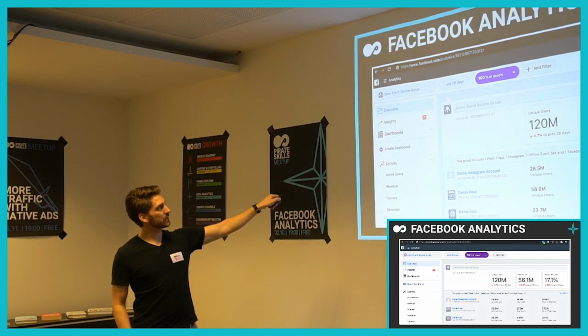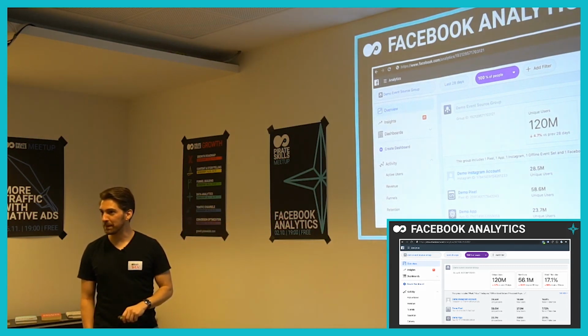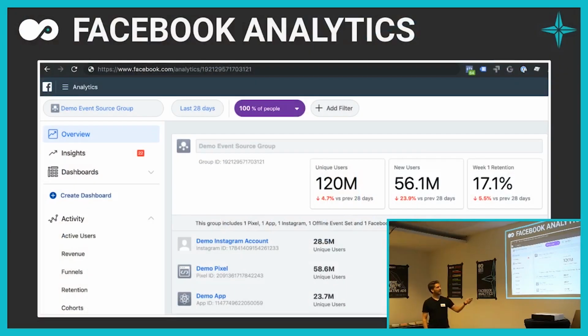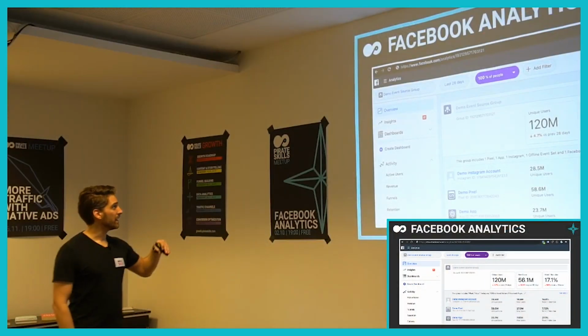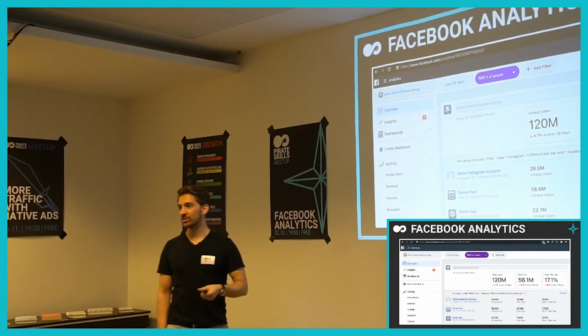So in this case, we look at the last 28 days. We got a cool 120 million people on our website, and 56 were new, and after a week 17% showed back up again. But that's not all coming from the Facebook pixel. Now, as you can see, this is called the demo event source group.